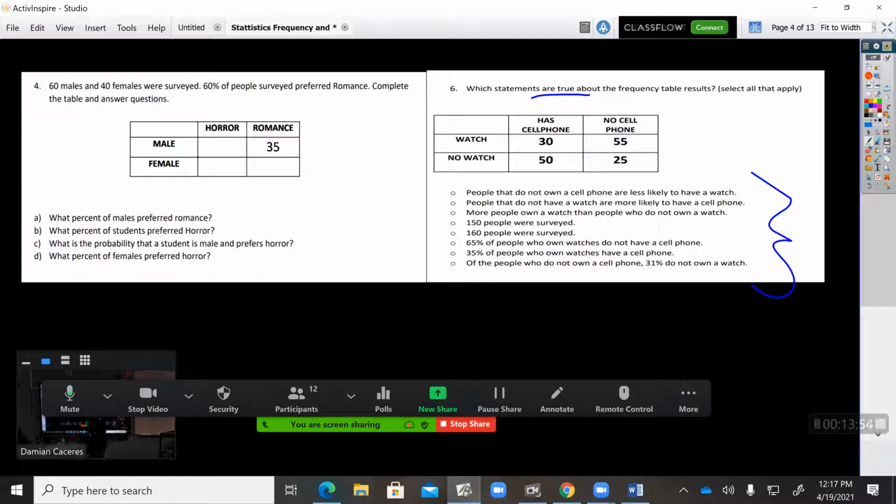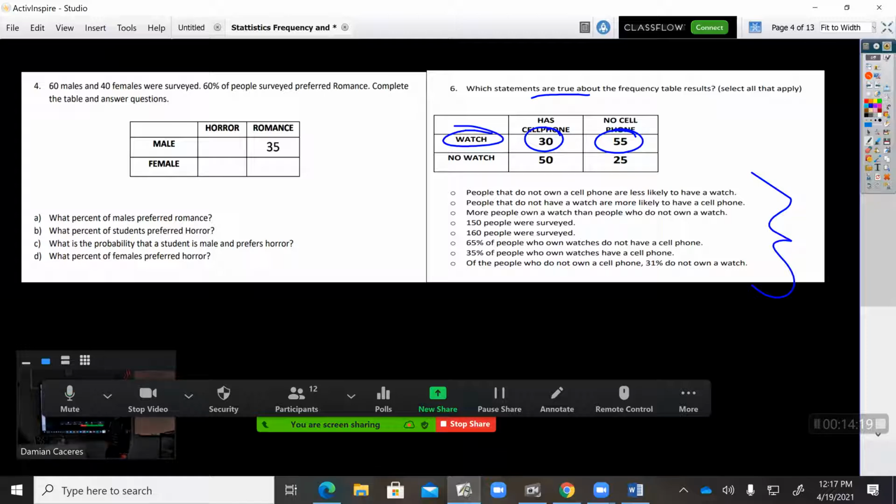So I just want to circle the top part and analyze it, right? So you either have a watch or you don't, or you have a cell phone or you don't. Some people have both, some people have one, right? So you could come up with a conclusion to this, not using numbers, just a common sense conclusion. So watch.